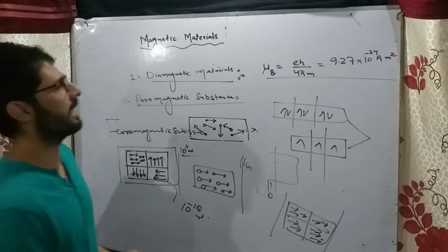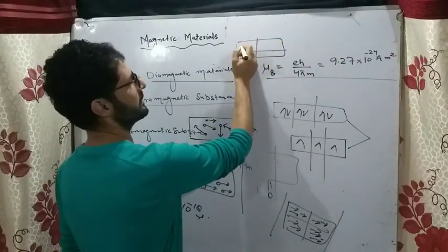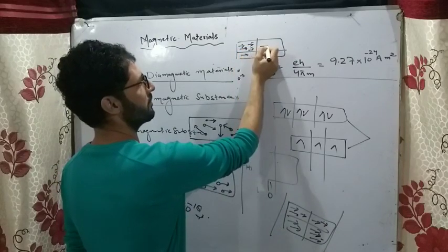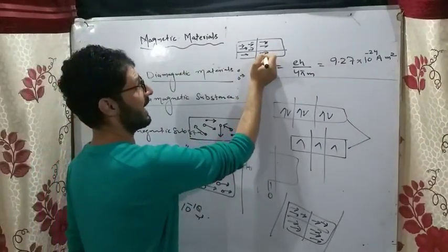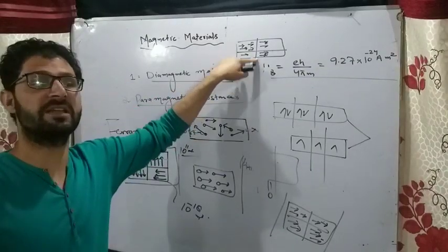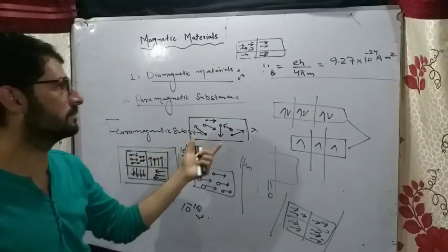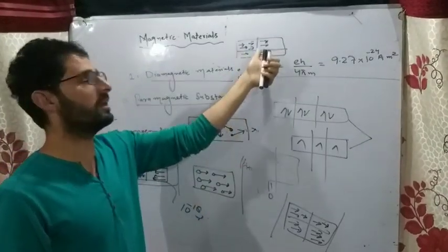Now you know that the ferromagnetic substance has domains. When we increase the temperature of a ferromagnetic substance, a temperature is reached when these domains split. They now have zero orientation and start behaving randomly.